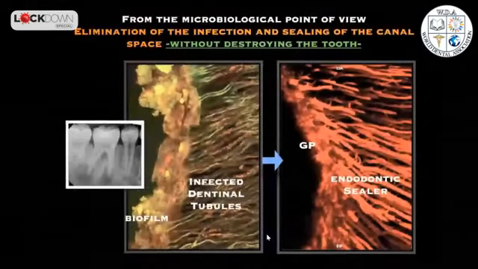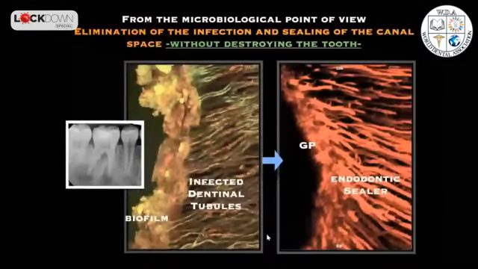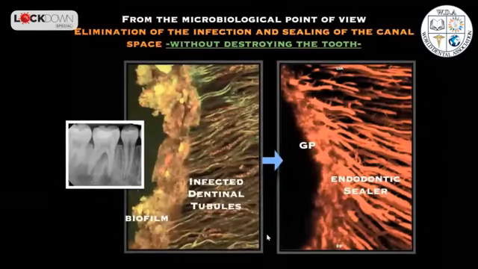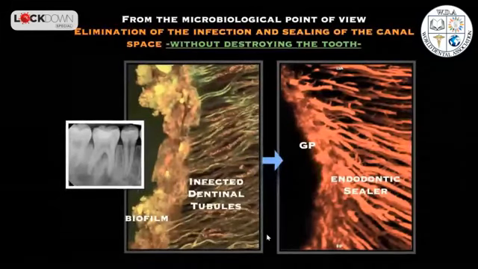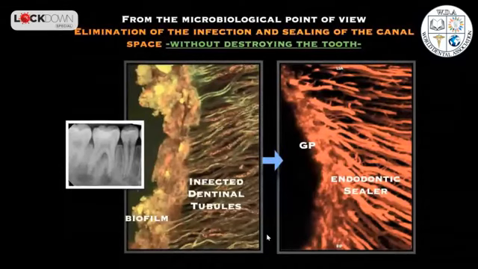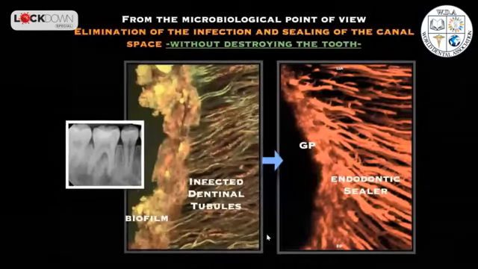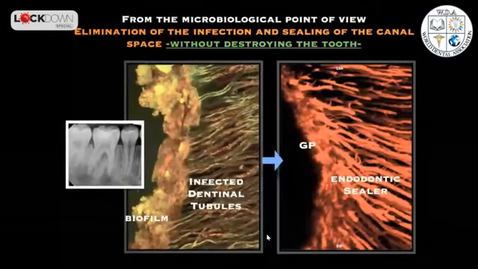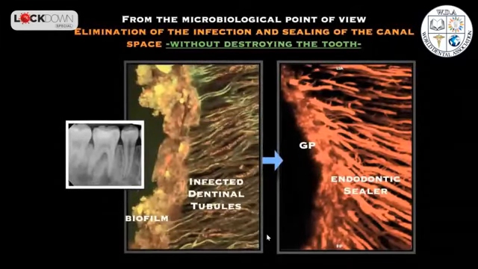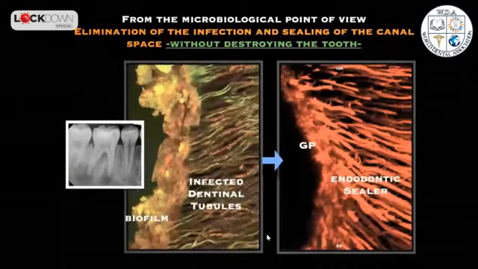So, from the microbiological point of view, our goal is the elimination of the infection and the sealing of the root canal space. And it is very important to avoid destroying the tooth in the process. What you're seeing now are called confocal laser scanning microscopies. On the left side, this orange substance is basically the biofilm that is attached to the root canal walls.